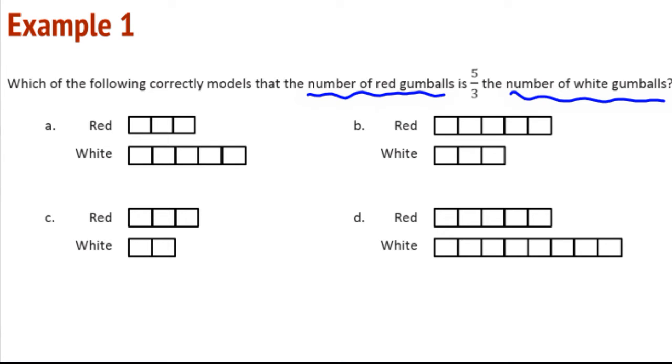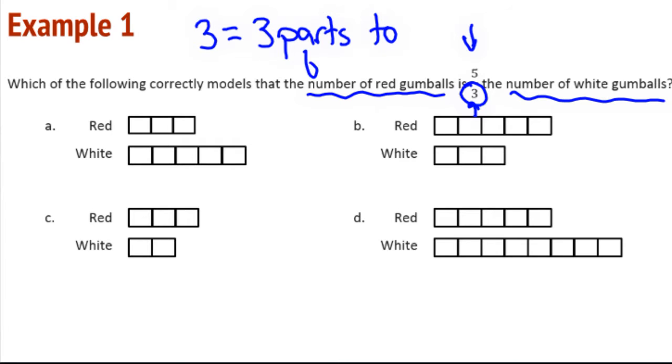So if we take a look at this fraction here, this 5/3, we notice that the denominator is 3. And the denominator of 3 means that it takes 3 parts to be 1 whole. And if the red gumballs are 5/3, that means that it's going to be more than 1 whole.